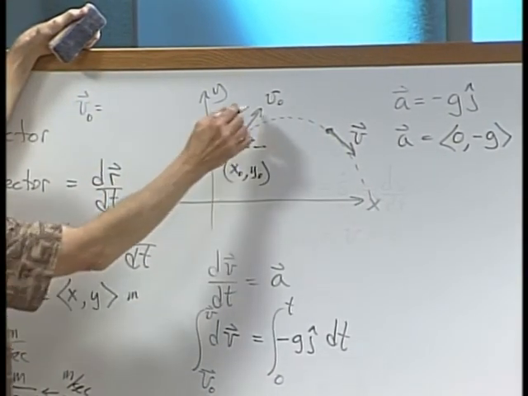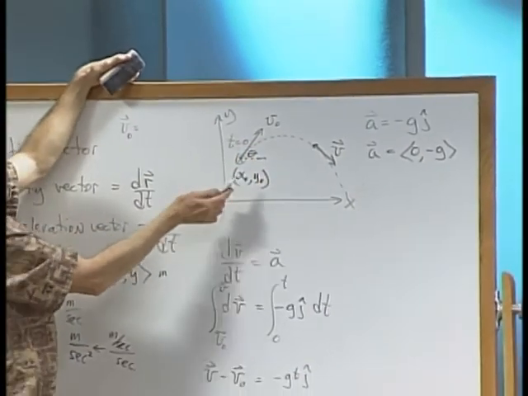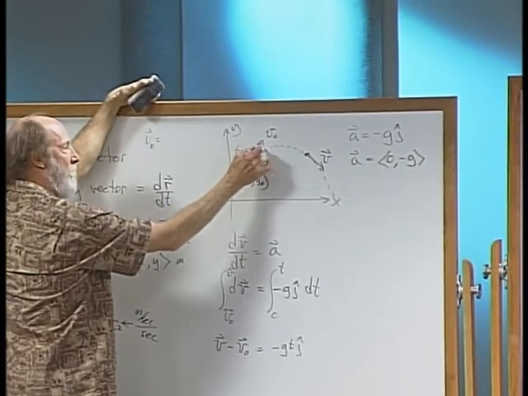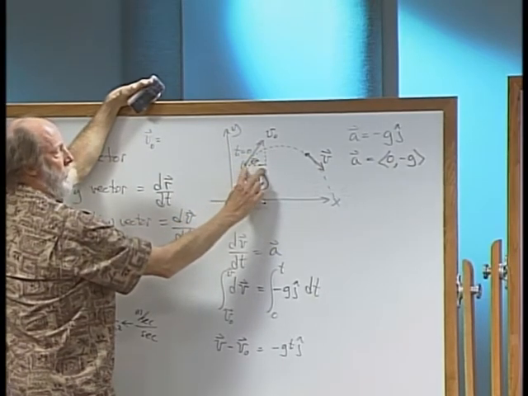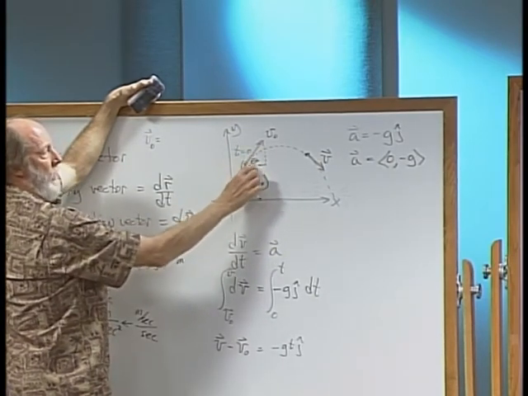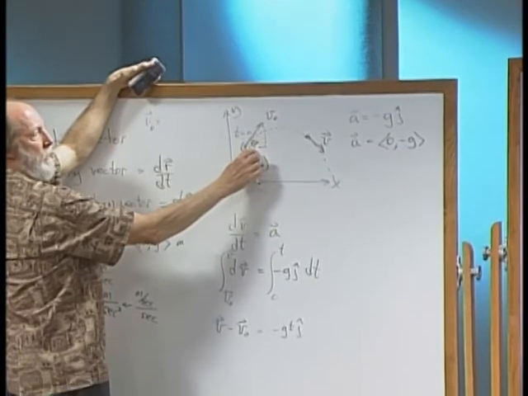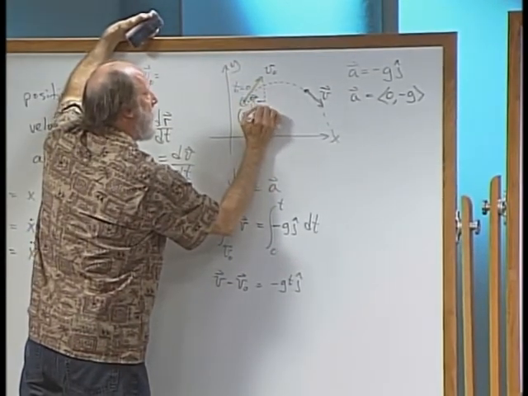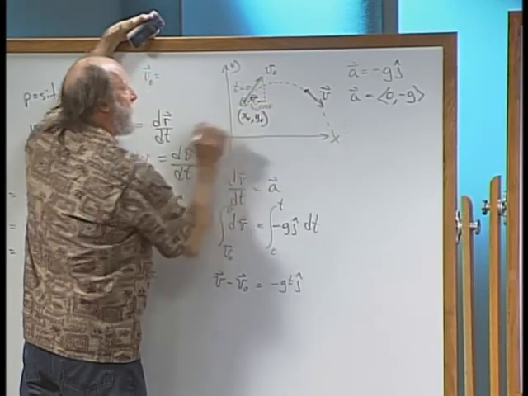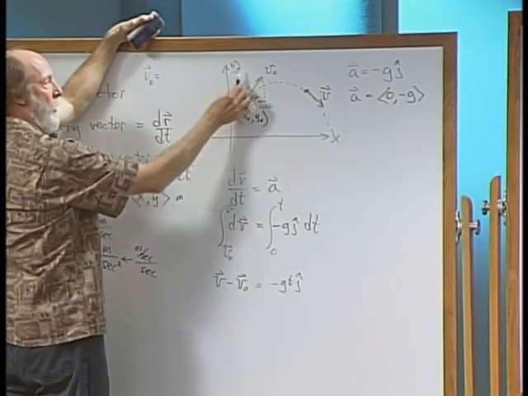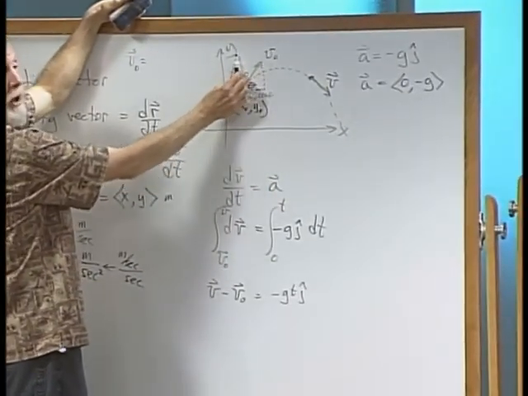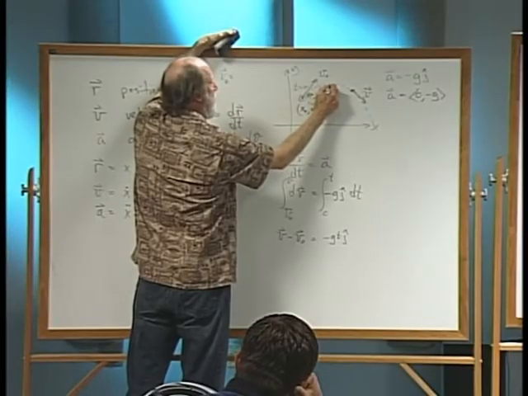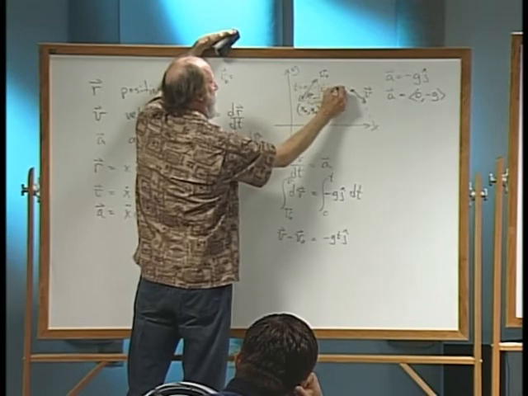It's made up of a horizontal component, right? The horizontal component is v naught cosine theta, the adjacent side to theta. And the vertical part of that initial velocity, the upward component, is v naught sine of theta.